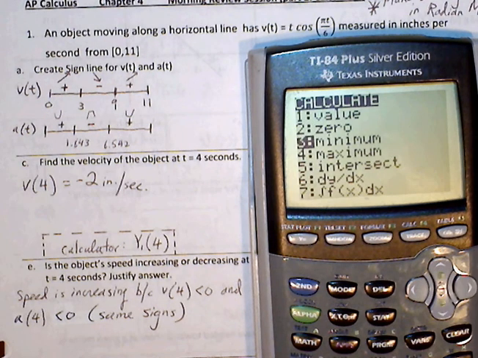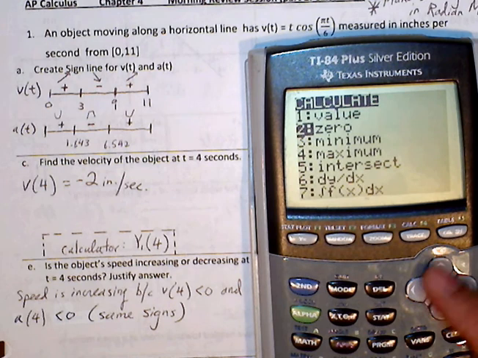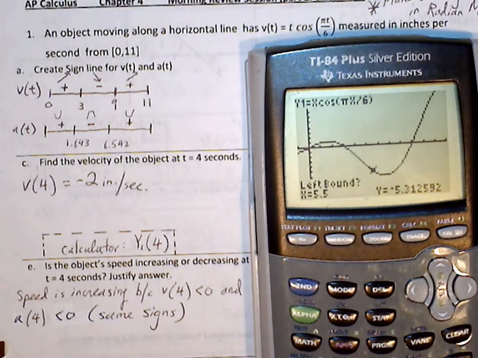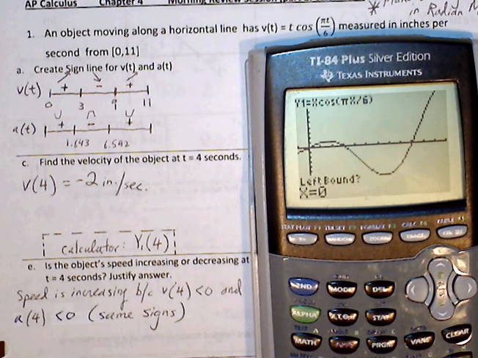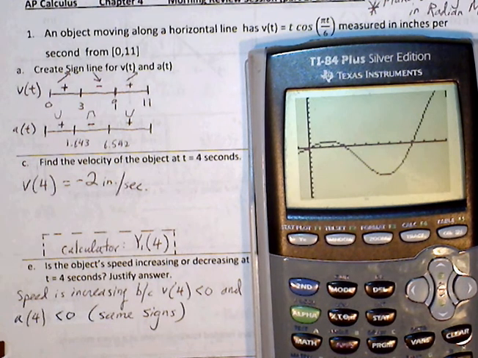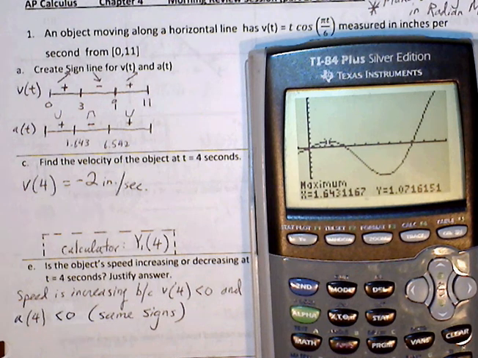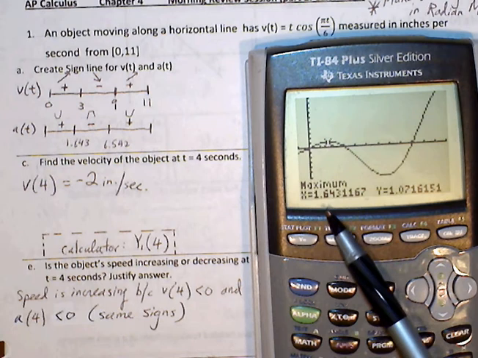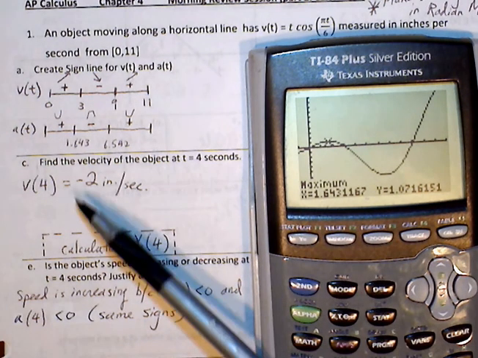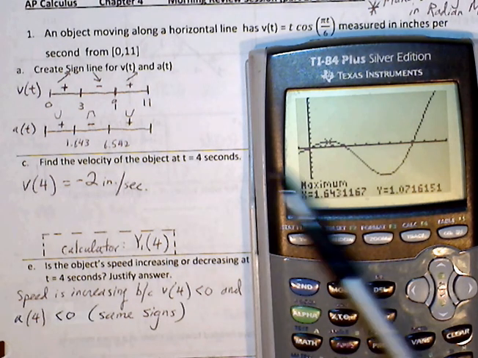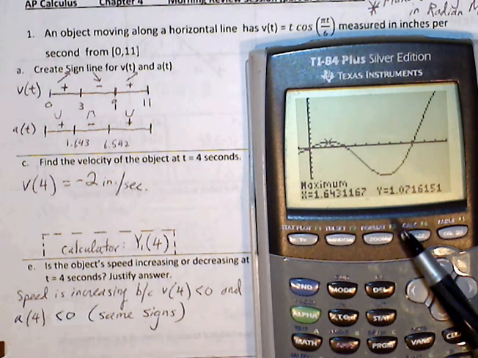So for instance, if I want to find the maximum for this region here, I can enter in a left bound of 0, then enter in a right bound of 3, and that will get me the maximum value, which will occur at the x value of 1.643. And we do the same thing with the minimum feature for this point here, and this will give us 6.542.